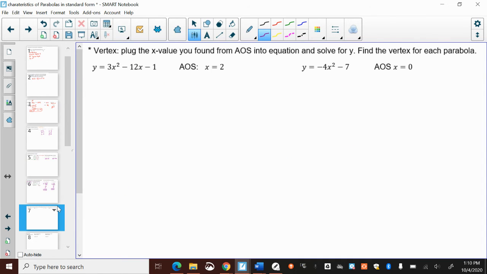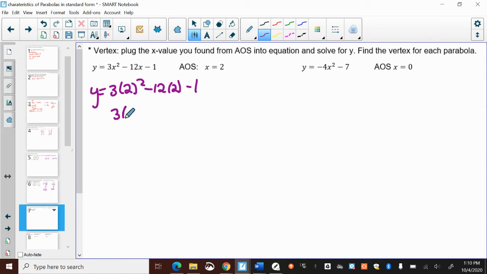All right, the next thing we're going to want to find is the vertex. And we're going to find our vertex by plugging the x values that we just found into the equation to solve for y. So before we found our axis of symmetry for this equation to be 2, substitute in the 2, and then we evaluate.